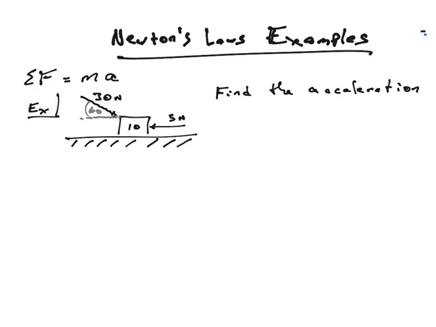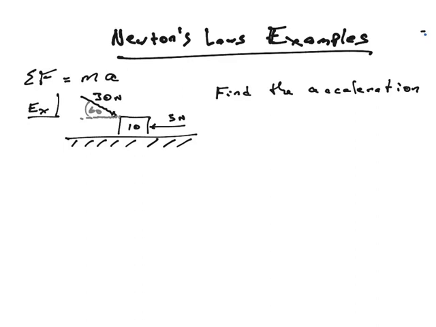I know forces are vectors, and it's been pounded into my brain that vectors can only be used if they're all in the same direction. So if you have a vector that's at some weird angle, you have to first break that vector up into x and y components. So let me do that first.